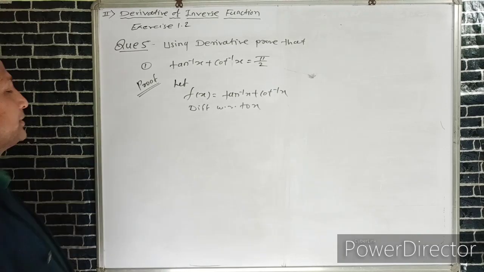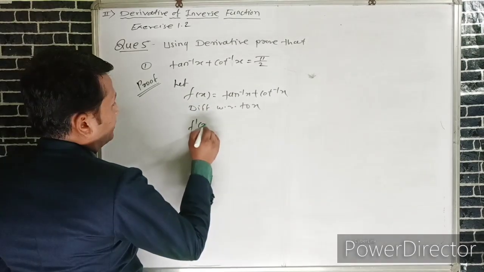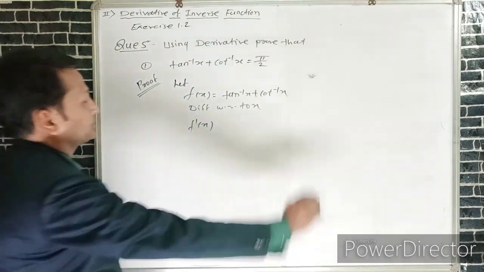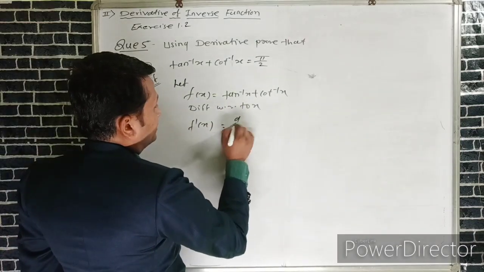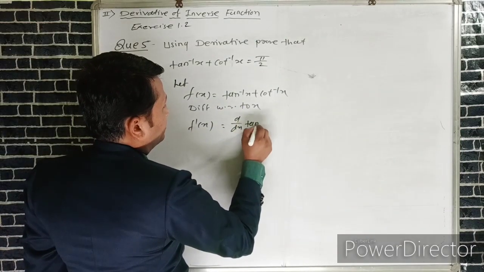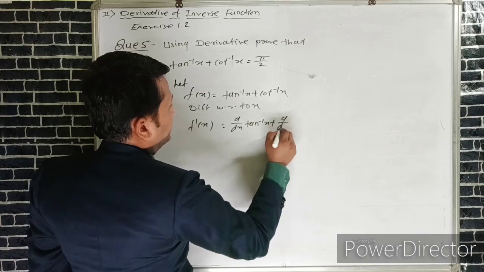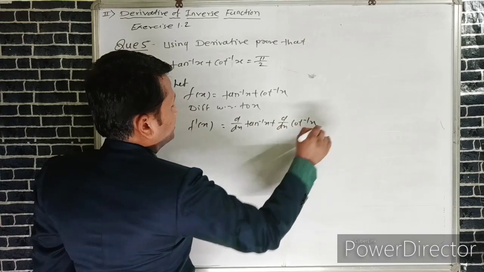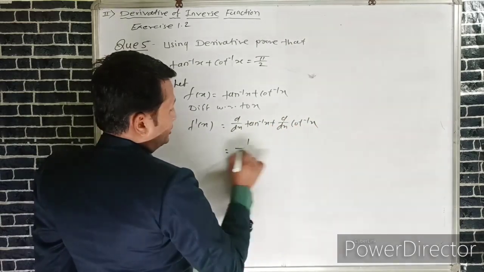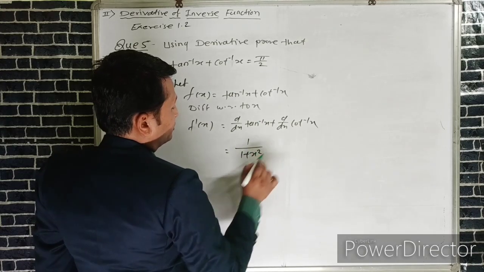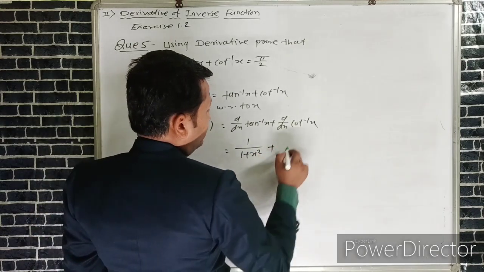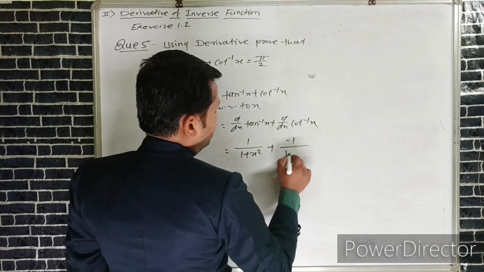If we differentiate this function, we get f dash of x. We know that the derivative of tan inverse x is 1 upon 1 plus x square, plus the derivative of cot inverse x is minus 1 upon 1 plus x square.